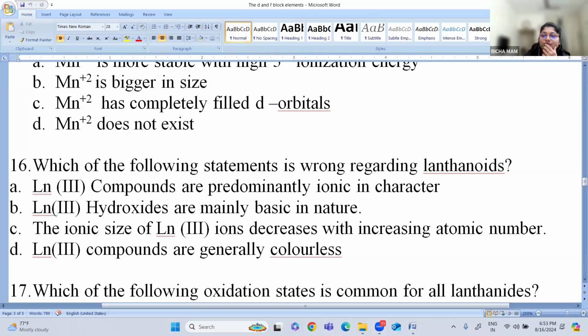So when we are talking about lanthanoids, which is the wrong statement? There are four statements given here, and you have to tell which is wrong. We have studied this in our theory part about lanthanides, so just recall the things about lanthanides and try to answer.